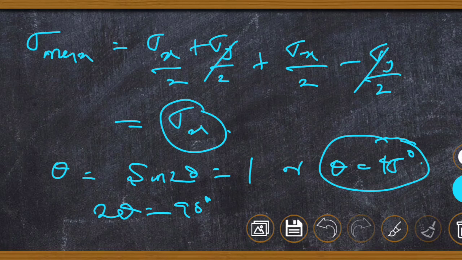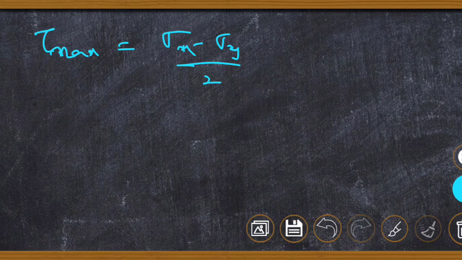Let's take a look at the formula for maximum shear stress. Since this is my shear stress, let's put maximum so that we can indicate: maximum shear stress is equal to sigma x minus sigma y all over 2 times sine of 2 theta.